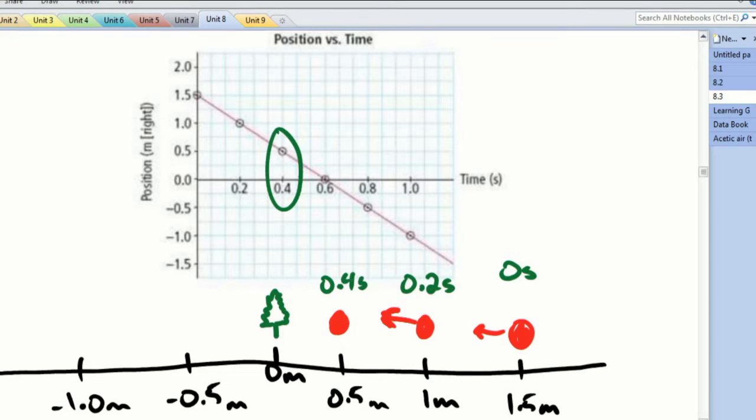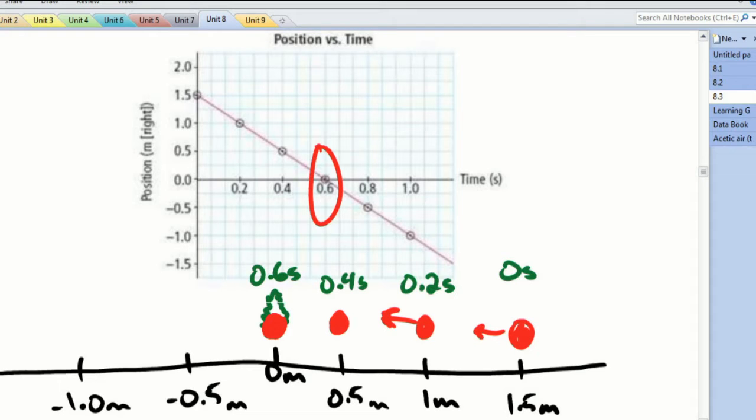This point right in the middle where my object's crossing the x-axis, what does that mean? Well, at 0.6 seconds, my object is 0 meters to the right. So this is 0.6 seconds.